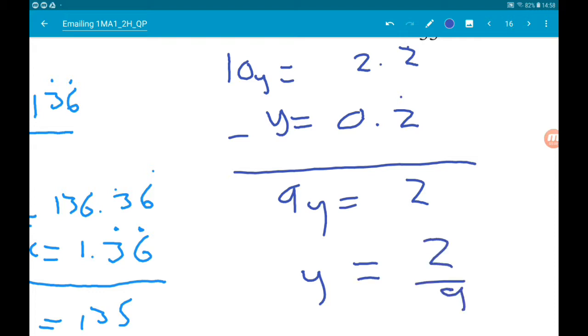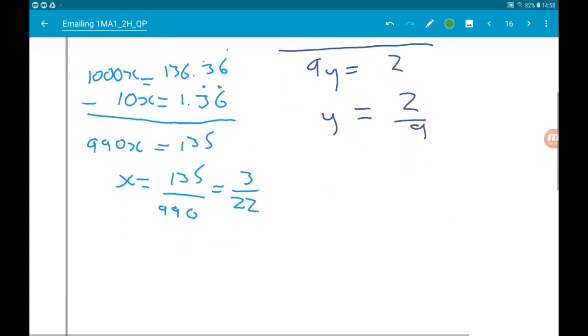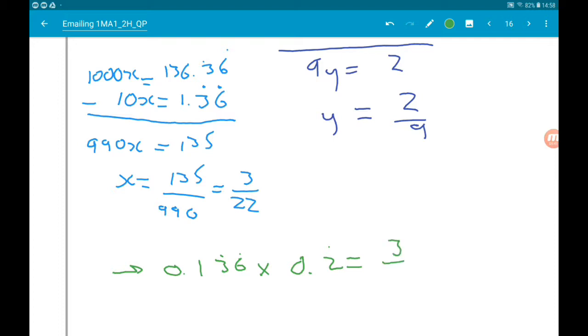So we now know that 0.136 recurring times 0.2 recurring is 3 over 22 times 2 ninths.